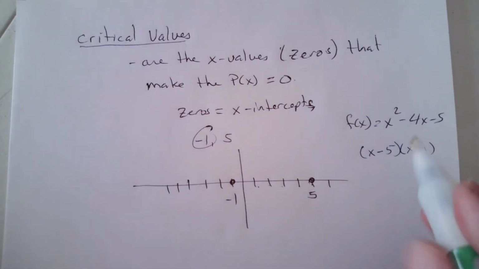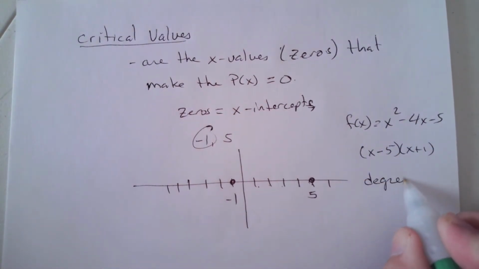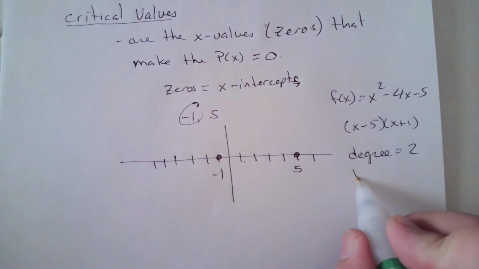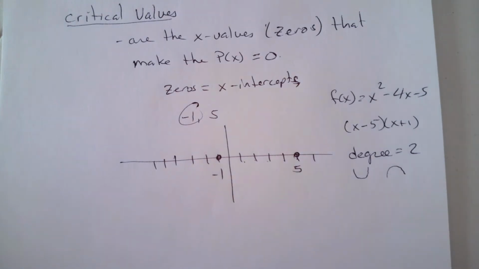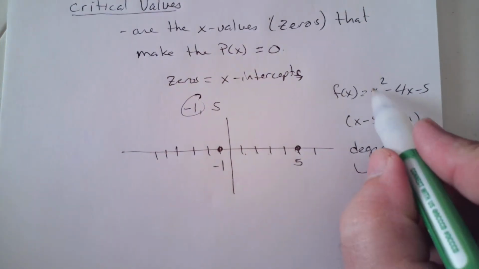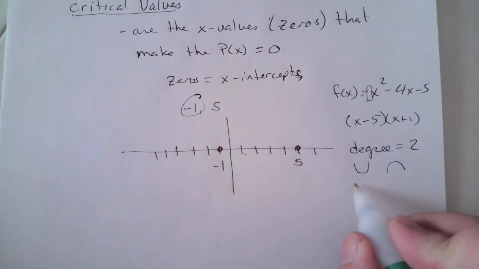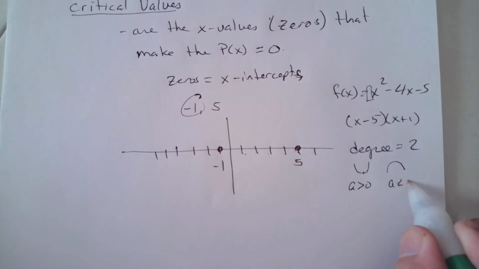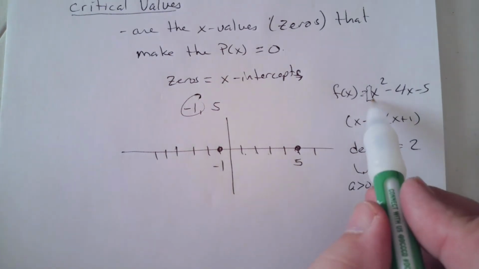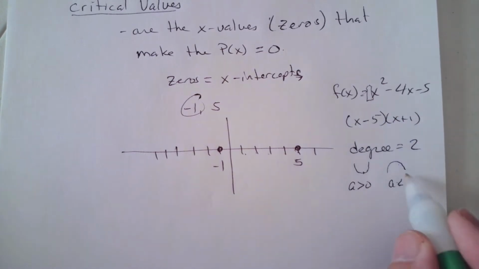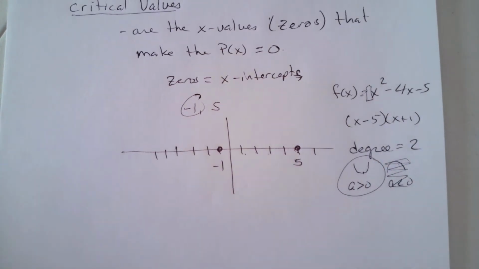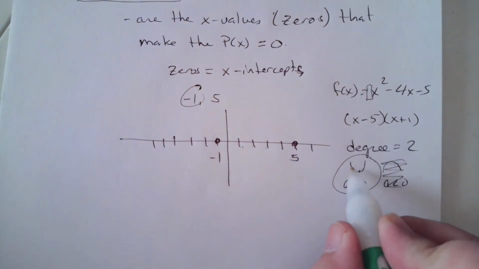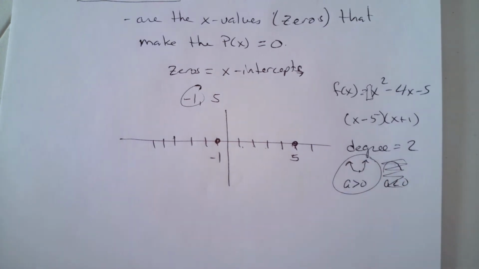So, looking at this equation, we see it's degree 2. Since it's a degree 2, it's a quadratic equation, the graph either looks like this or like this. Since the leading coefficient is positive, if a is positive, it looks like that. If a is negative, it goes down. So since our a equals 1, and that's greater than 0, our graph will go up. In other words, both ends point the same direction.